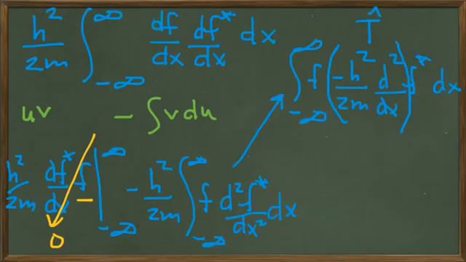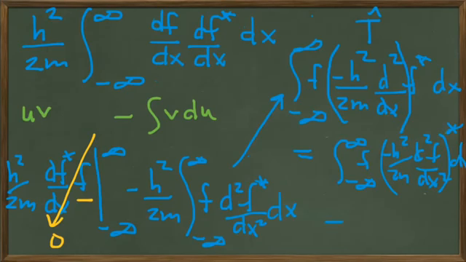And so that is the same as the integral between minus infinity and infinity of f times minus h squared over 2m d2f dx2 asterisk on the outside dx, and that is the same as what we were trying to get at the start, the integral between minus infinity and infinity of f t hat f asterisk dx.